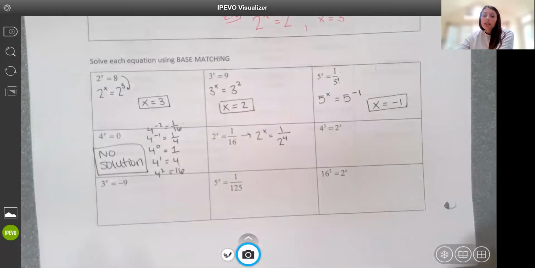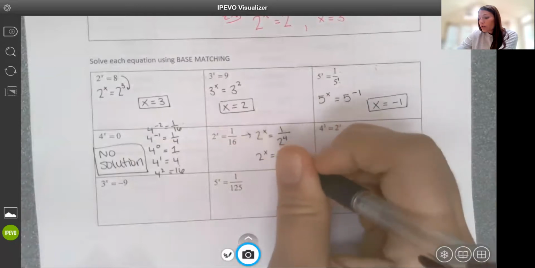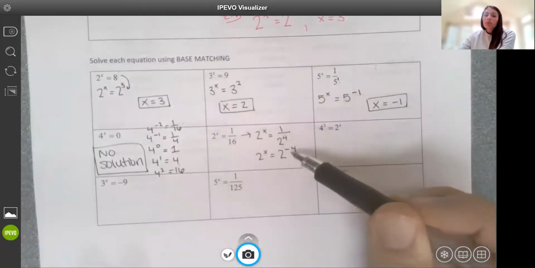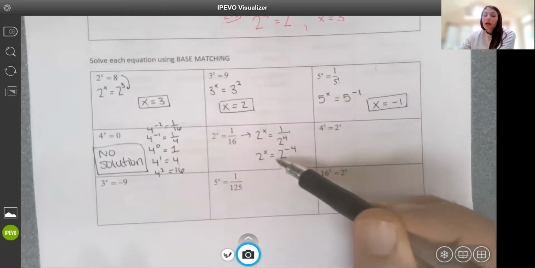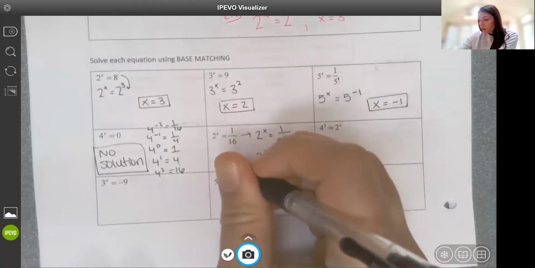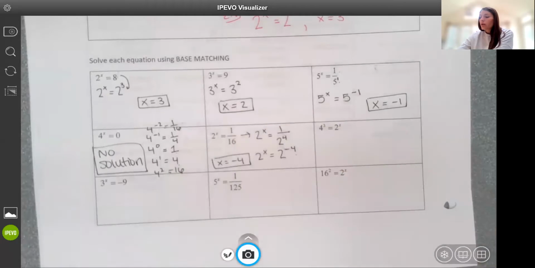So instead of 1/16, that's 1 over 2 to the 4th, or 2 to the -4th if I brought that from the denominator up to the numerator. And now my bases are matched, and I can say that x equals -4. Our goal here is all about getting the same base for all of my terms.